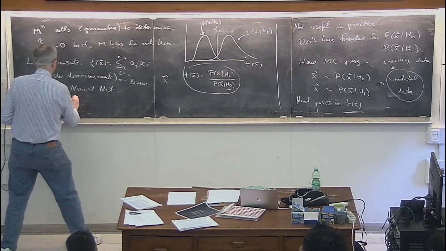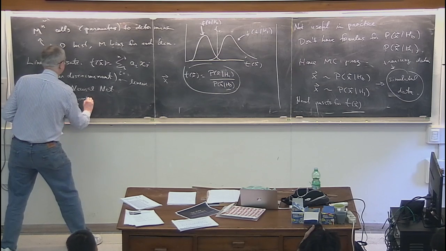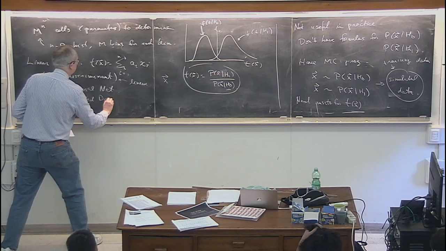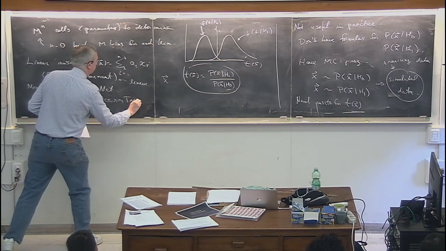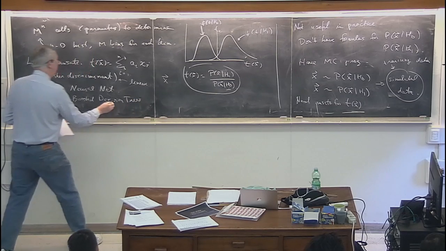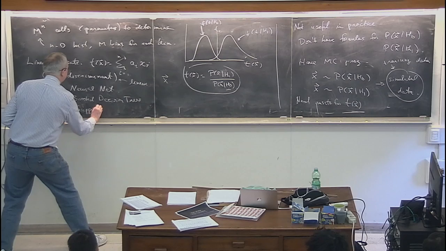Then there are other things called boosted decision trees, or BDTs. Support vector machines, SVMs, are another example.